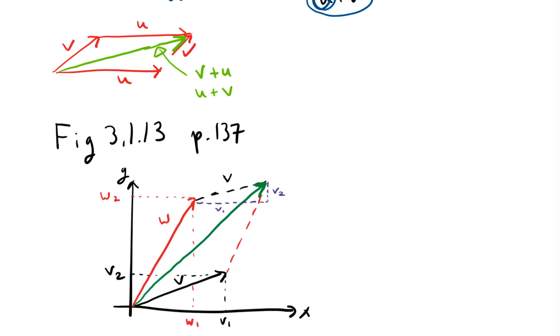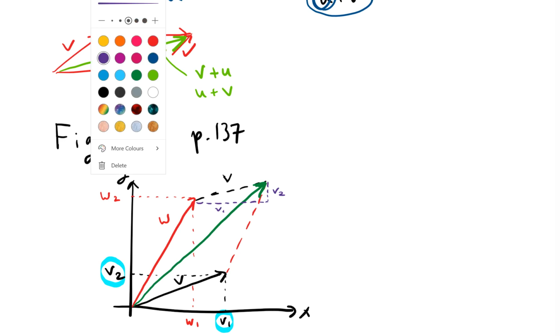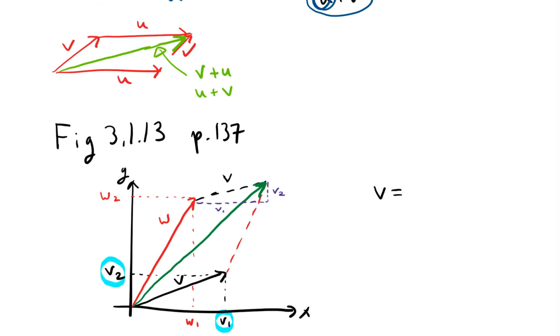As you can see, there's vector v in black that starts at the origin, and one thing you can see is that we've created a vector v with two components, v1 and v2. So we can write v as the vector (v1, v2) like this.